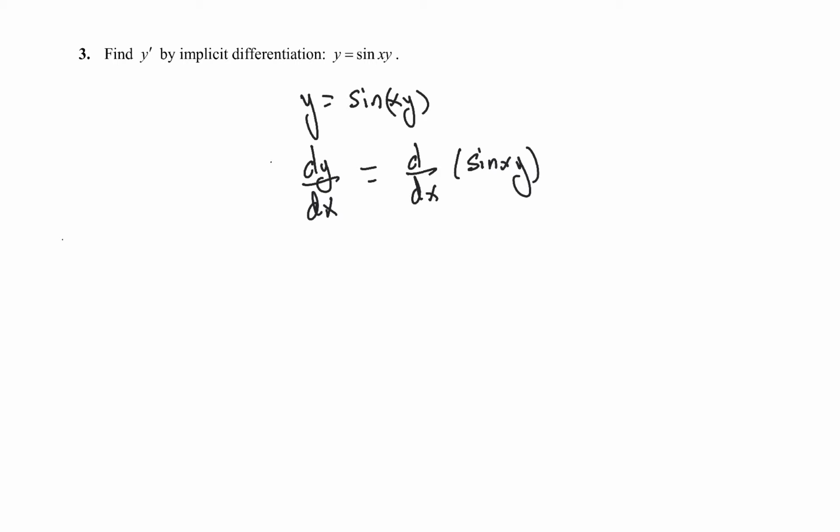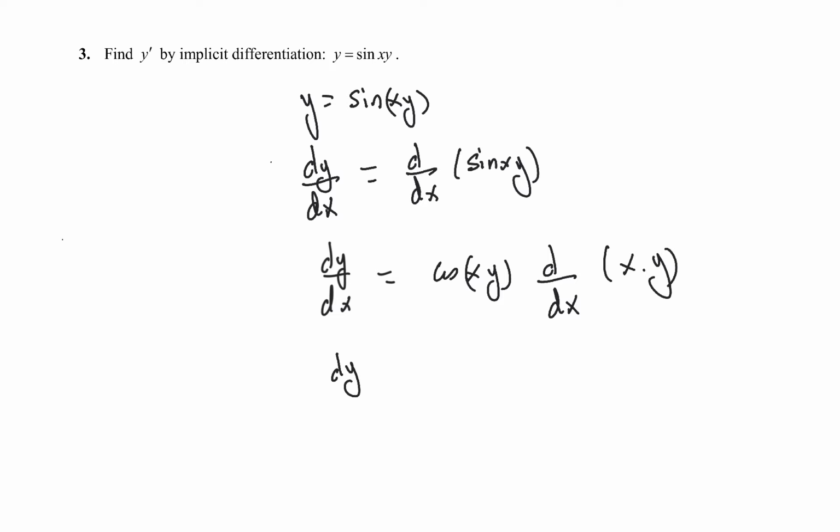On the left side will be the derivative of y with respect to x. On the right side will be the derivative with respect to x of sine of xy. This is cosine of xy multiplied by the derivative with respect to x of xy.